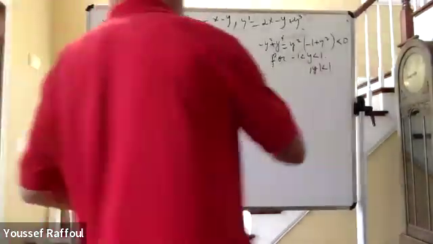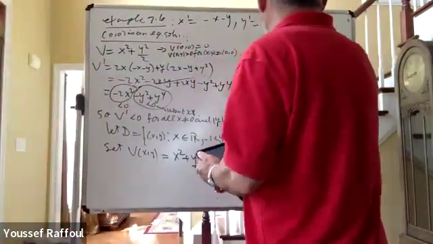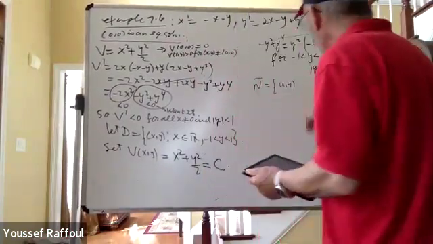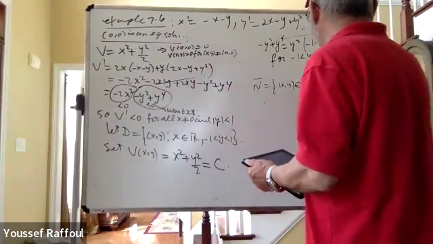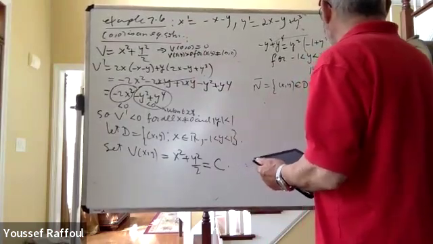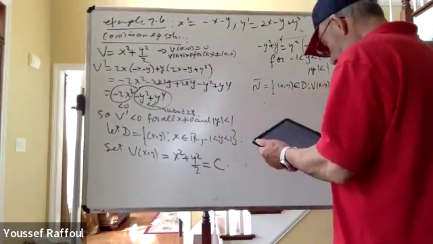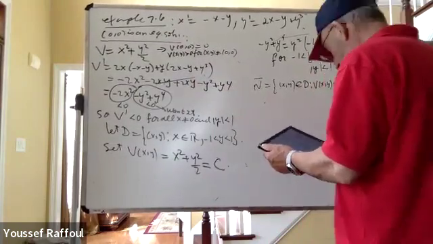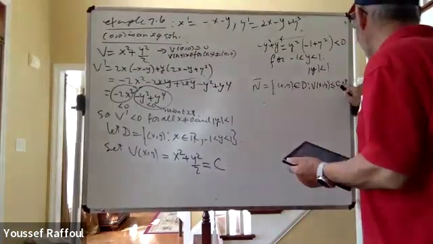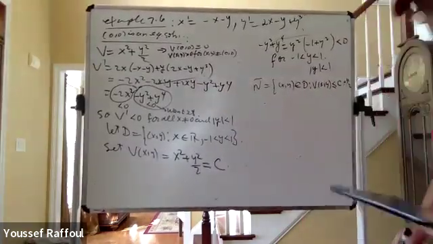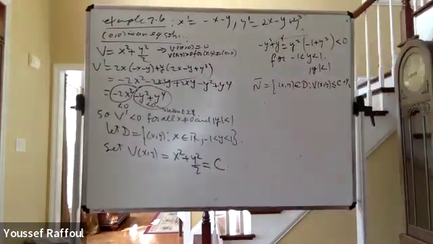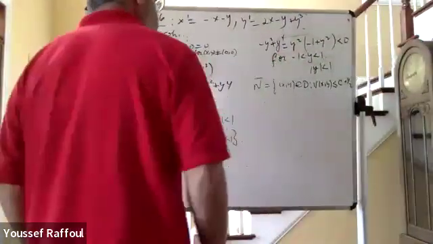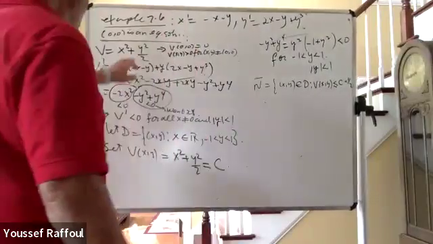So we want the set of all (x, y) belonging to D such that V(x, y) is less or equal to c, less than 1/2. Why less than 1/2?